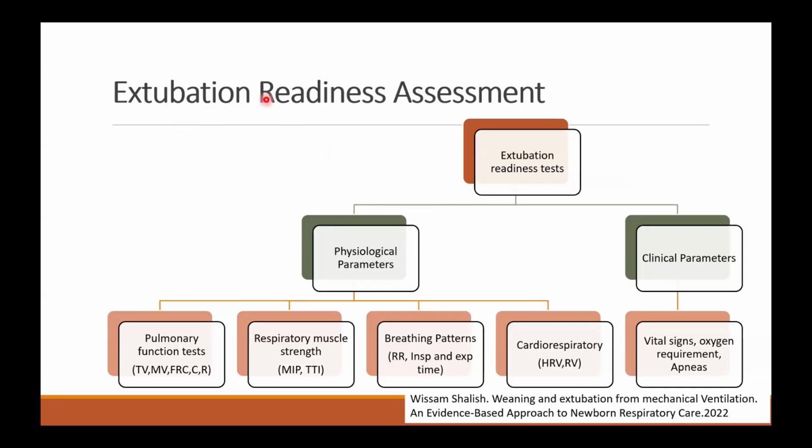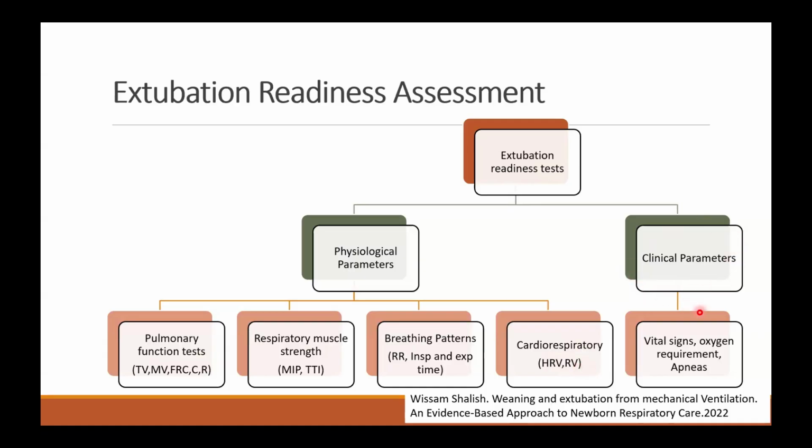There are certain extubation readiness assessment methods which have been used by various studies, and these are basically physiological parameters and clinical parameters. Physiological parameters further include pulmonary function tests like tidal volume, minute ventilation, functional residual capacity, compliance, resistance, respiratory muscle strength, maximum inspiratory pressure or tension time index, breathing patterns like respiratory rate, inspiratory and expiratory time, and cardiorespiratory behavior, heart rate variability, and respiratory variability.